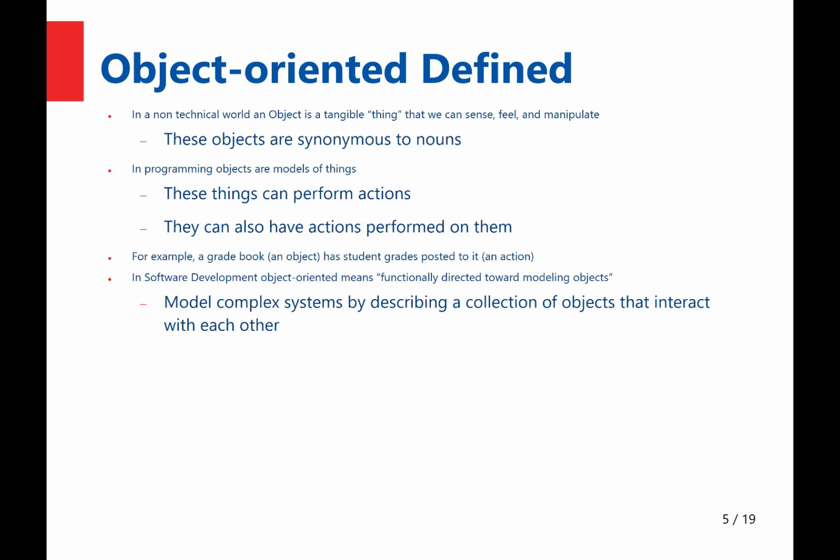For example, a grade book, an object, has student grades posted to it, an action. In software development, object-oriented means functionally directed toward modeling objects. Model complex systems by describing a collection of objects that interact with each other. Thus, we will be creating models of domain problems and solving them with object-oriented methods.